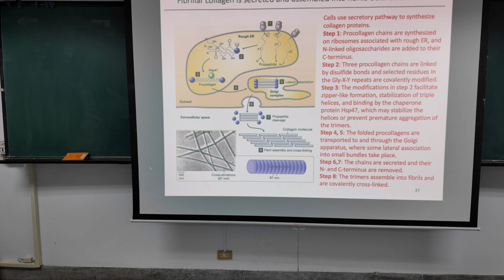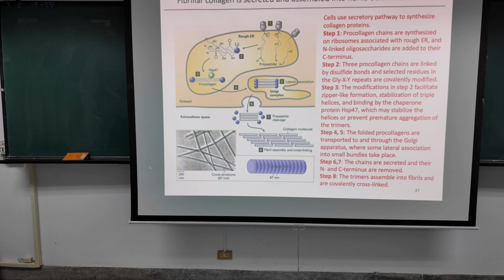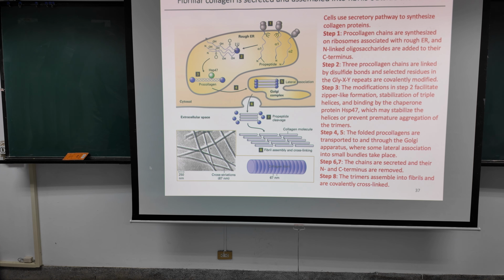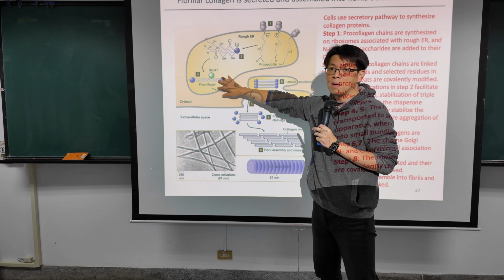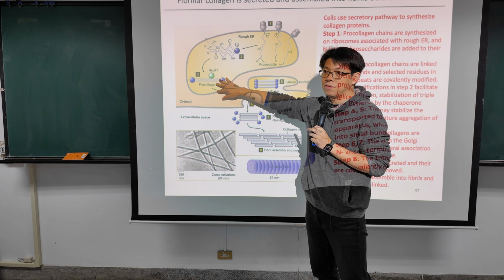Okay. And some chaperone protein, HSP47, will bind to the triple helix component to prevent larger or abnormal aggregation. Okay, so they can keep a beautiful structure here. We call this procollagen, immature collagen, the unit of the collagen.